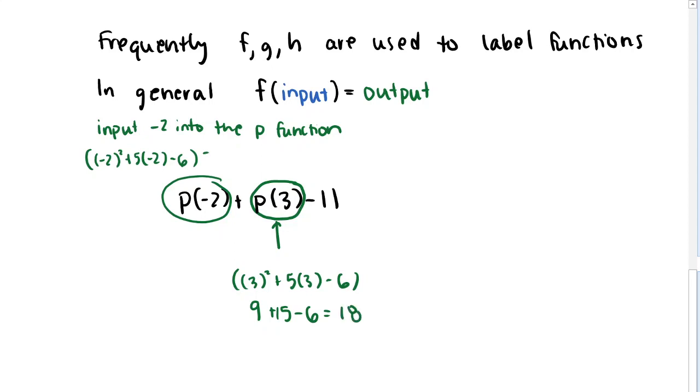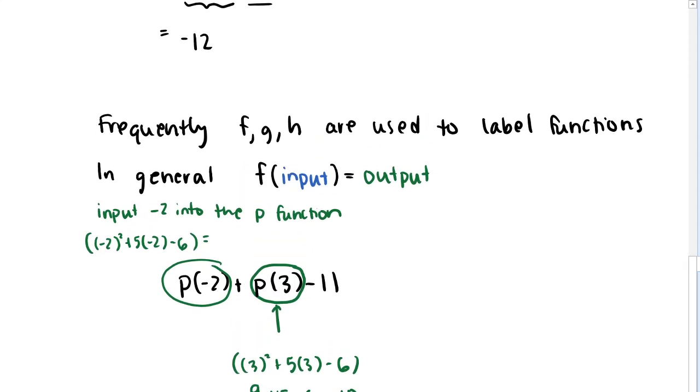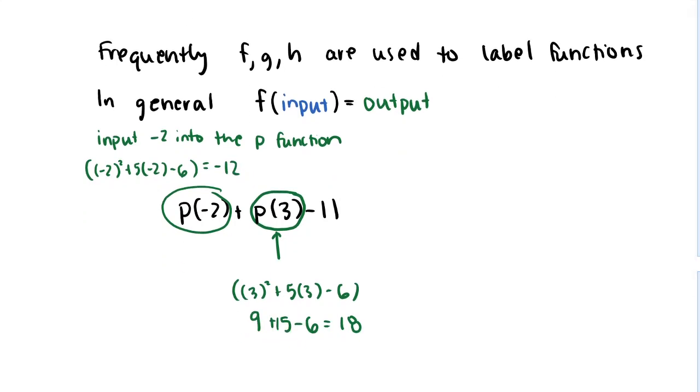And we already computed p of negative 2 earlier. We said that it was negative 12. So really this expression is the same as saying this whole quantity added with this whole quantity, take away 11, and we've determined that that's negative 12 plus 18 minus 11.